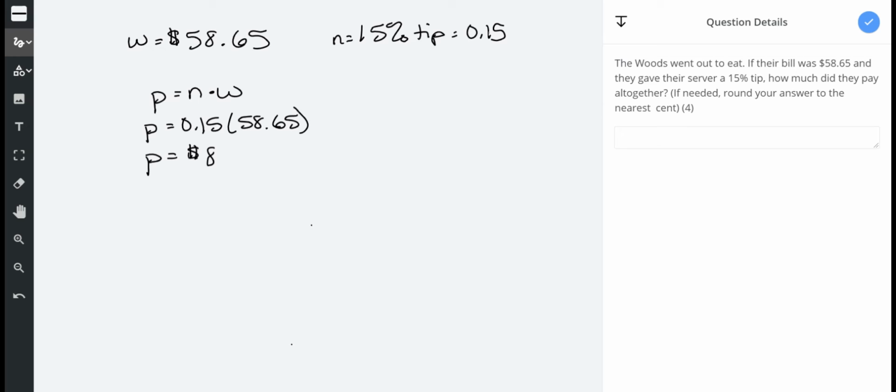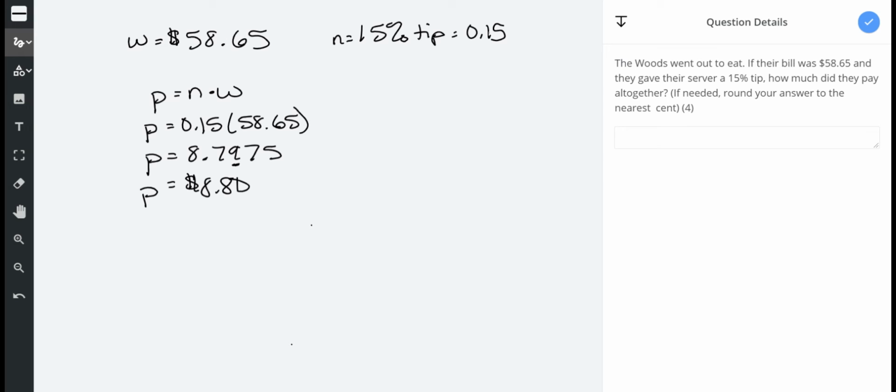Before I get to that part, writing down what it says in my calculator, it's going to be 8.7975. So rounding that to the nearest penny, well, that's going to be that 9. The 7 bumps up the 9, so it's going to become $8.80 for my tip. So how much did they pay altogether?